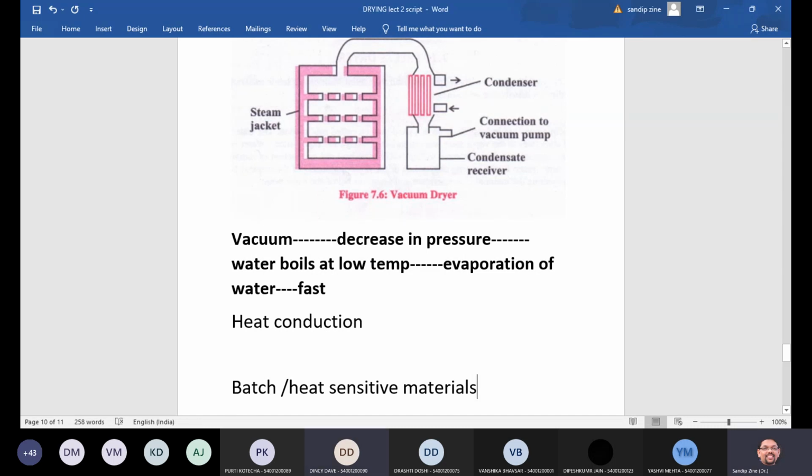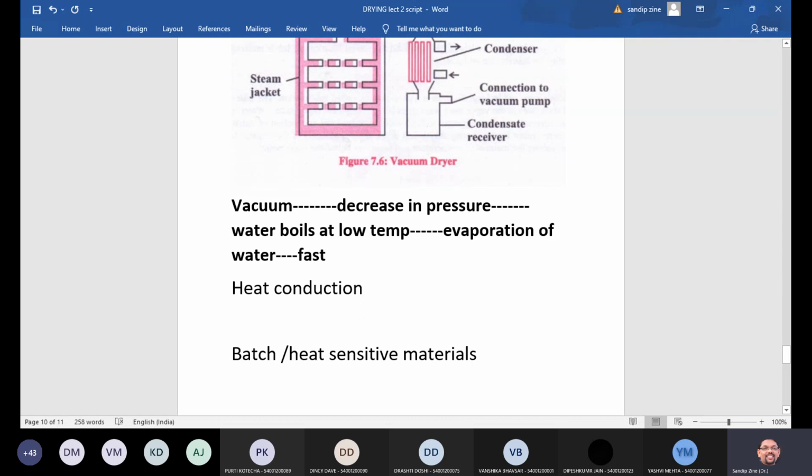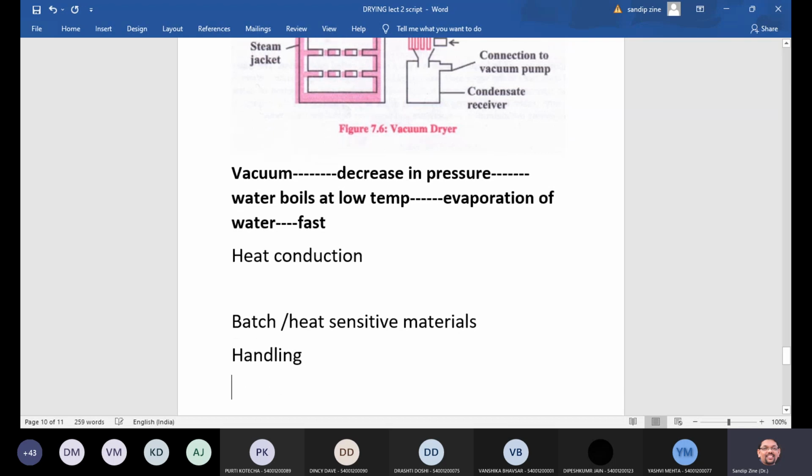In advantages of this vacuum dryer, you can mention 3 to 4 points. That material handling is easy, isn't it? Because hardly steam jacket is there, trays are there, you can keep the material. So handling part is easy of this dryer.